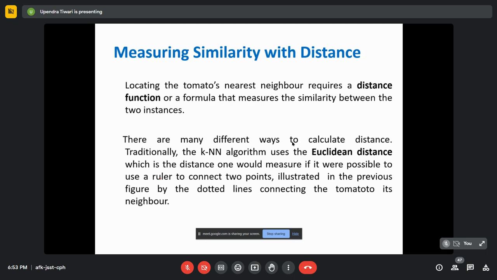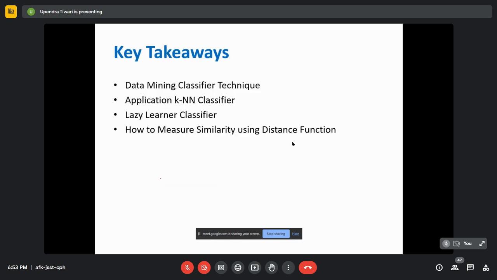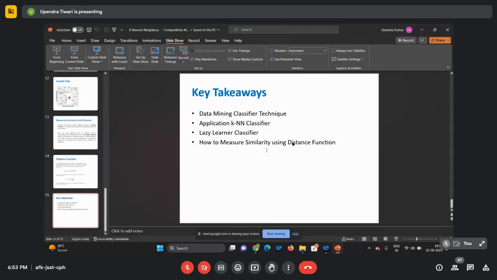To measure the distance, we usually use the Euclidean distance between the two data points. All right. So this is the theoretical aspect of k-nearest neighbor.